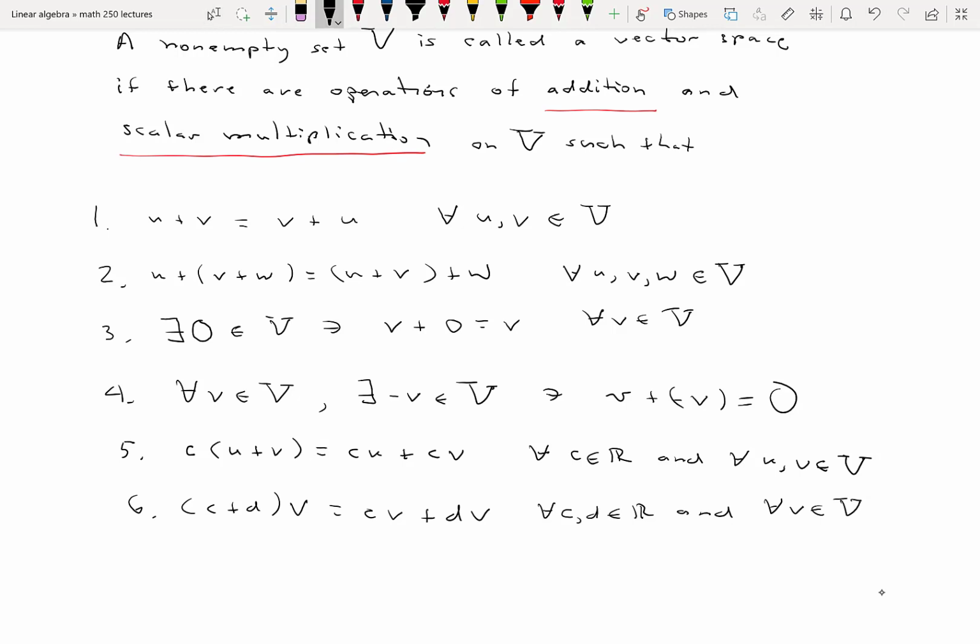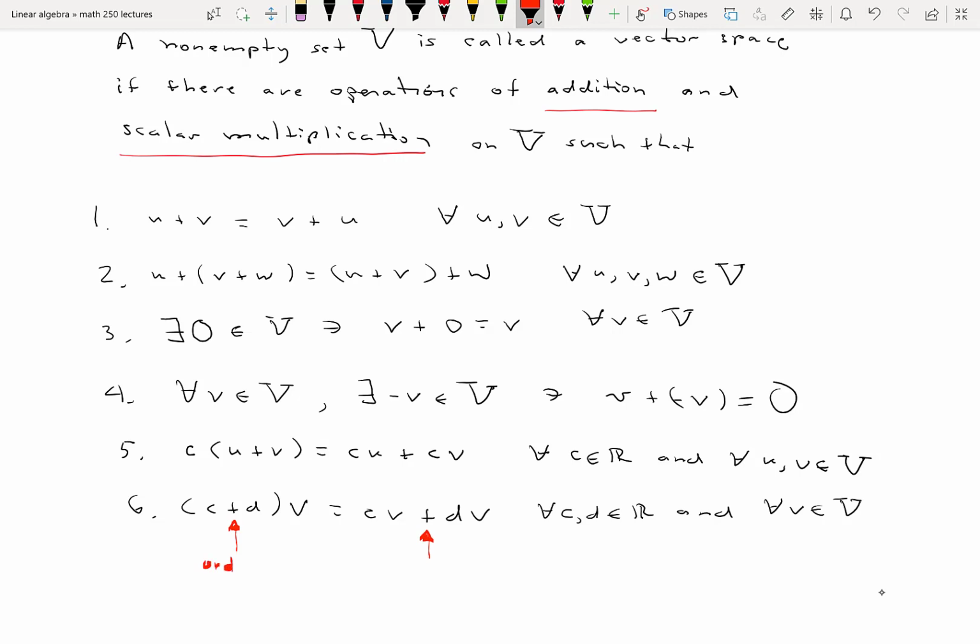Let me say this again. Is this addition and this addition, are they the same kind of addition? The answer is no. c and d are real numbers. So that addition on the left is addition of scalars.